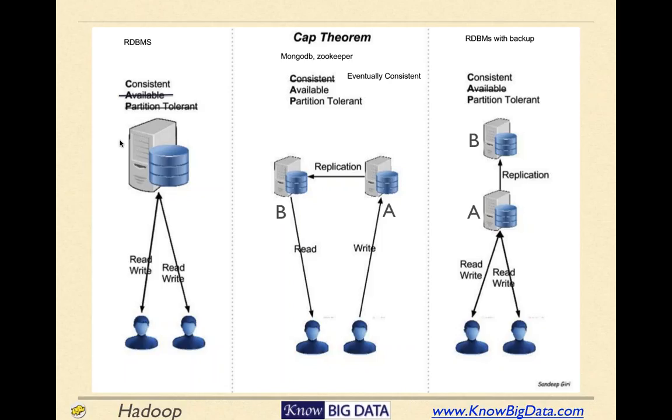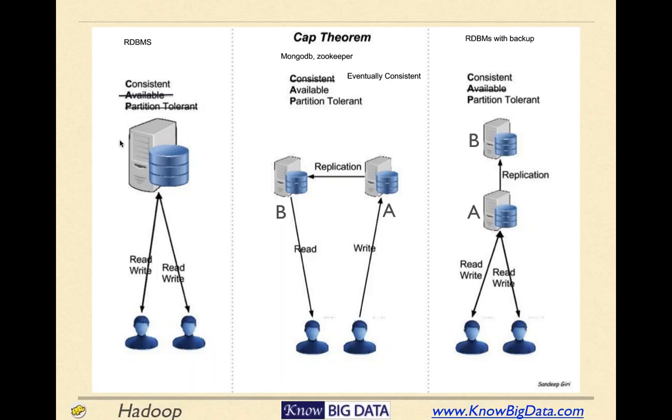We know that after a point of time, everything is going to be okay, because we have only one machine accepting writes. So this system is not consistent but eventually consistent, but it's available and partition tolerant.